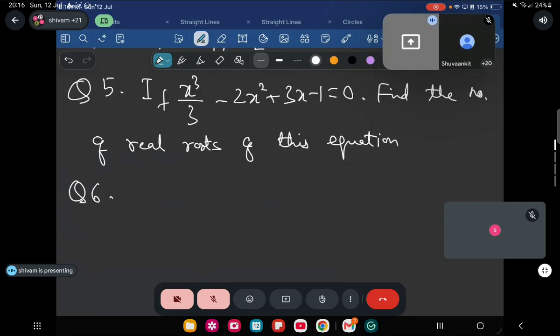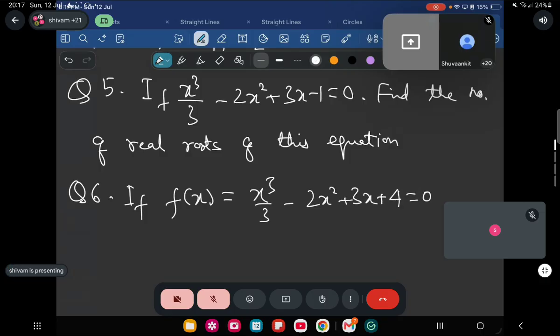Question number 6. If f of x equal to x cube by 3 minus 2x square plus 3x plus 4 equal to 0, find the number of real roots of f of x.